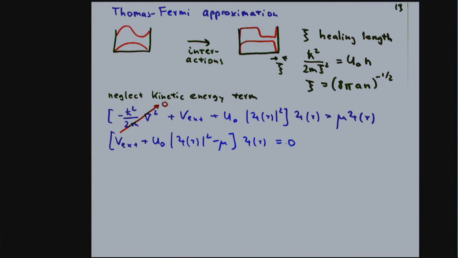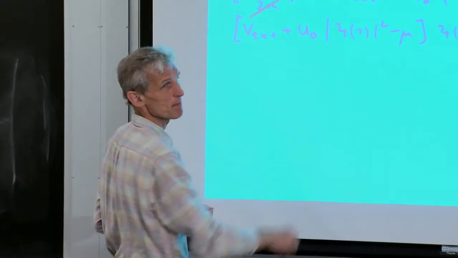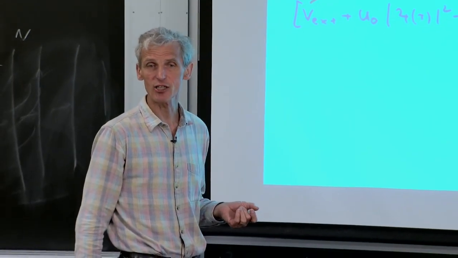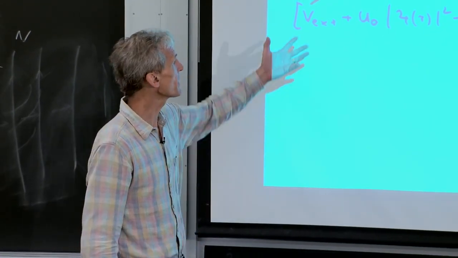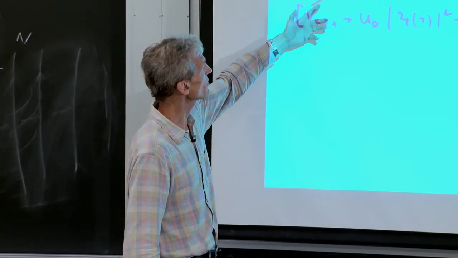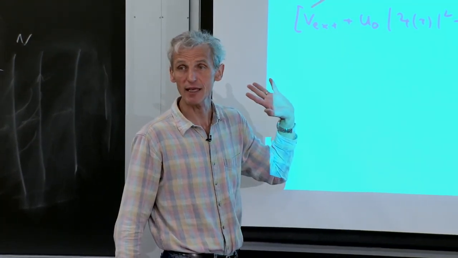Now, once we realize that, we can take it to the next level and say, let's say we are interested in the ground state, and we neglect this boundary region where the kinetic energy becomes important. Maybe we can simplify the Gross-Pitaevskii equation by neglecting the kinetic energy.